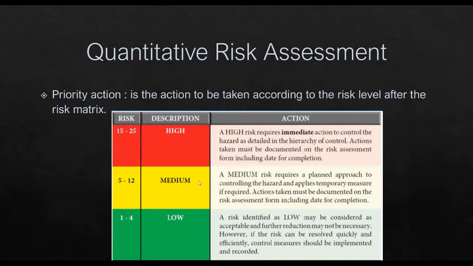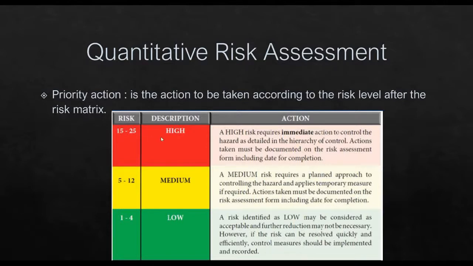And then for the medium risk level, the risk requires a planned approach to controlling the hazard and applies temporary measures if required. Action taken must be documented on the risk assessment form, including date for completion.